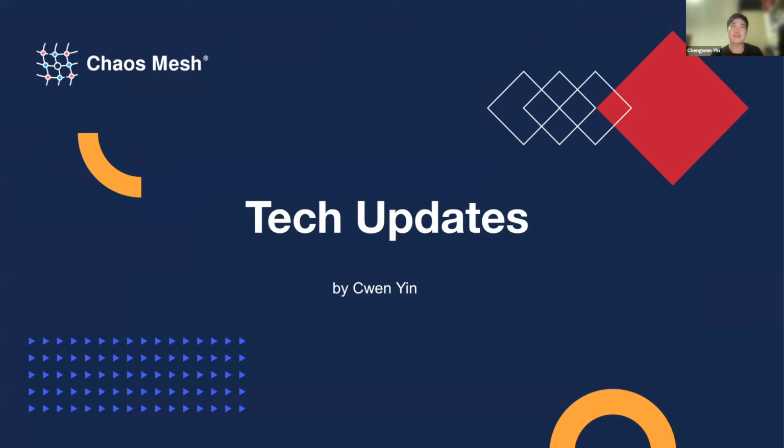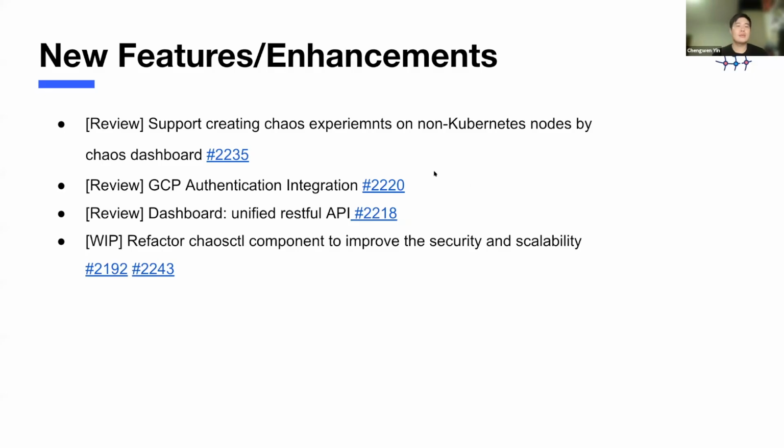Next, I will show some technical updates about Chaos Mesh this month. This month, we are developing a very important feature, which is also the key feature in our next version. Here is a pull request which hasn't been merged.